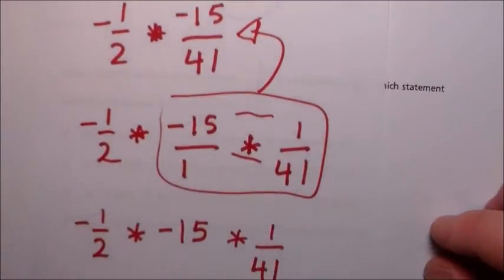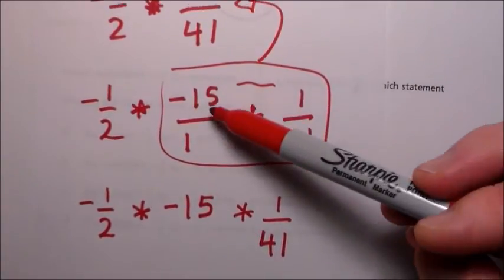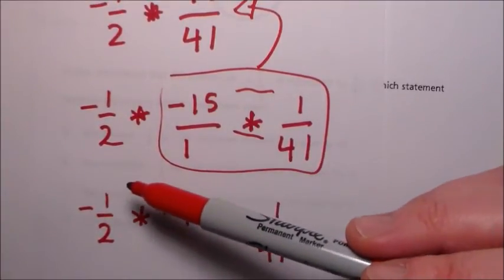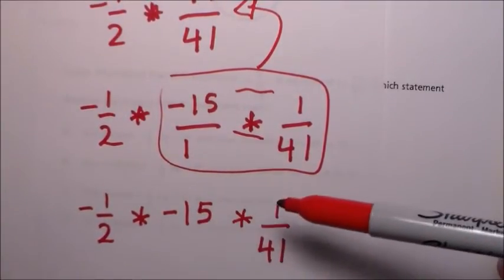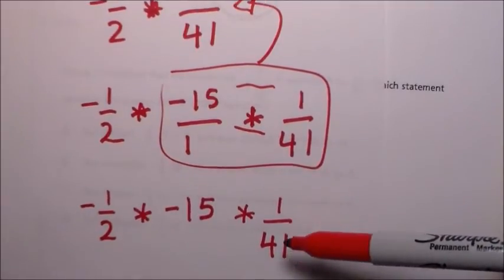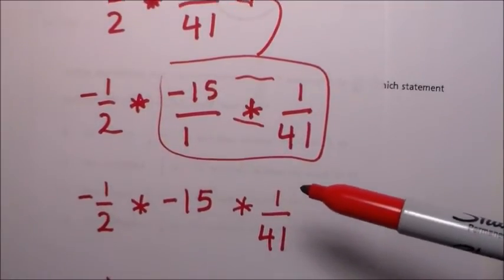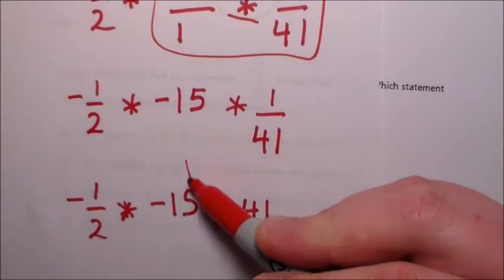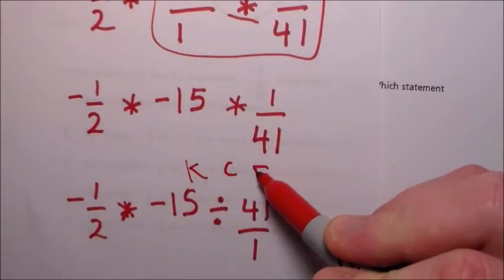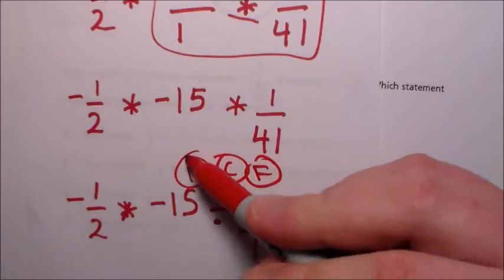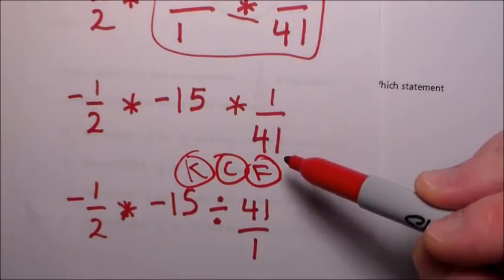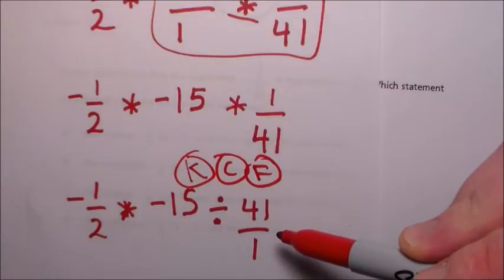Okay. Next step. Any number over 1 is just that same number. That makes sense, right? So negative 1/2 times negative 15 times 1/41. Next step. Maybe you've never done this before, but you can do keep change flip in reverse. Because multiplying by 1/41 is the same as dividing by 41, right?